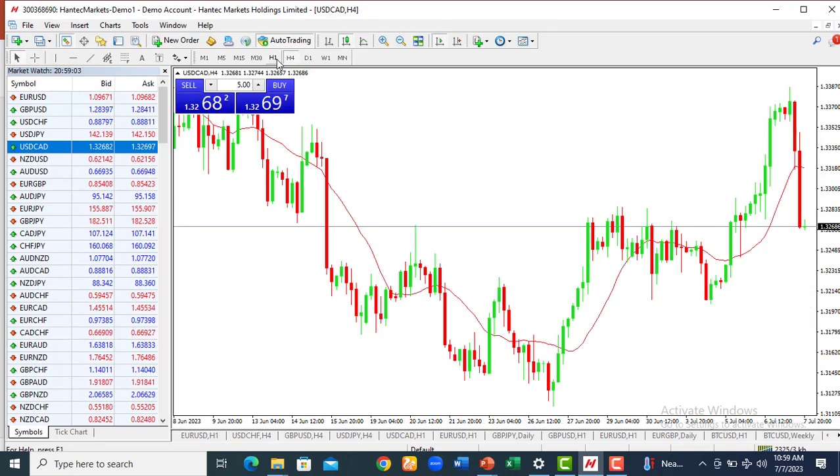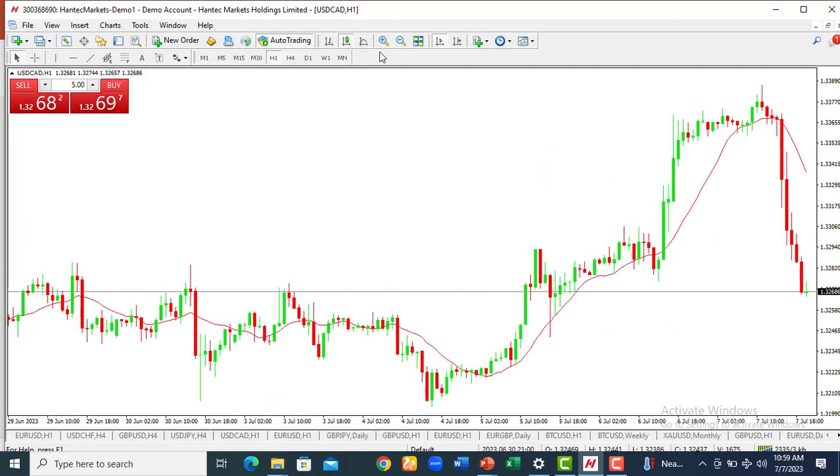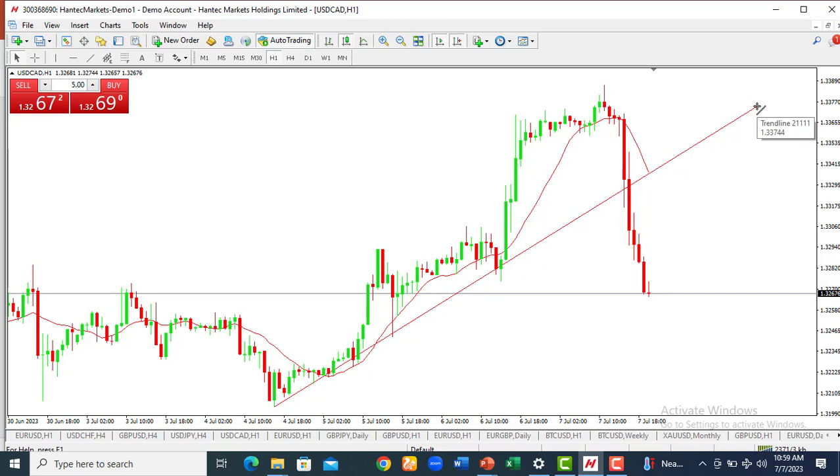Okay, this is Euro USD, USD card in the forex market. Now forget about what is happening here, but you saw the market moving this way, especially on your H1. So you drew your trend line and you're confirming it. Look at what happened. So it will now help you to know whether a trend has reversed or not.